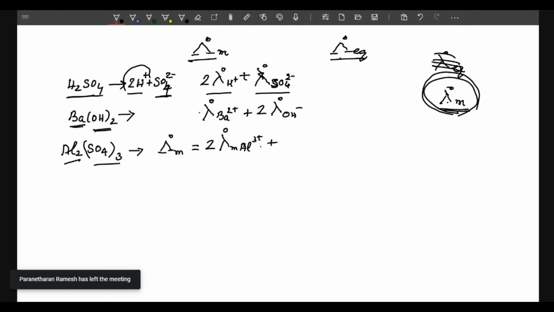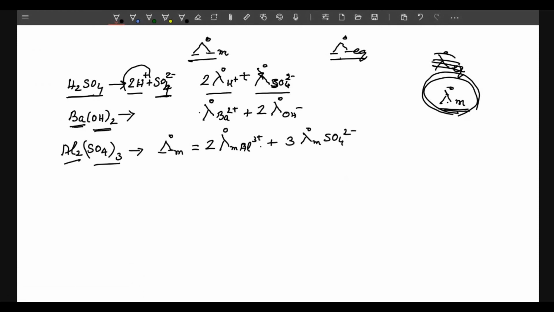How many sulfate ions would be formed? 3 into lambda naught molar conductance of the sulfate ion. You will be provided with these values, and with them you are asked to calculate the lambda M of the aluminum sulfate. This is the method you have to adopt.